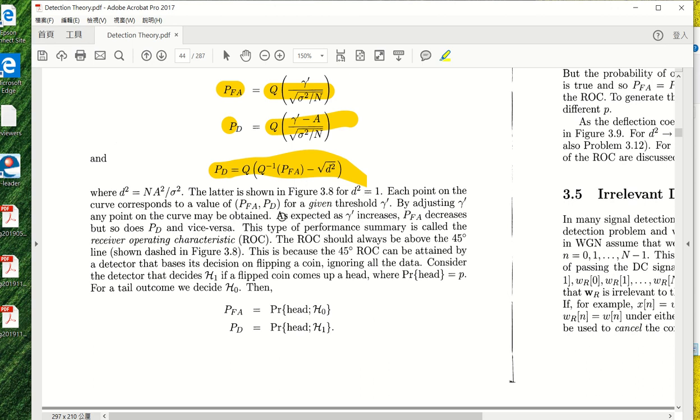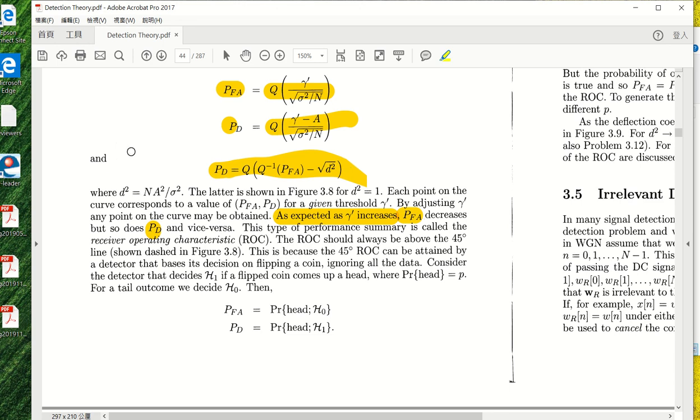Now we see that one of the parameters to be adjusted is the gamma prime. If the gamma prime is adjusted, then the PFA will be adjusted, and then PD will be adjusted, right? So in other words, we can adjust the threshold in the detector to change PFA and PD.